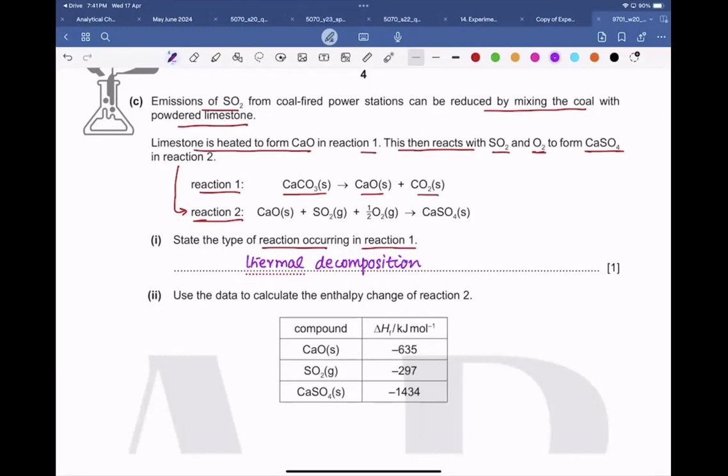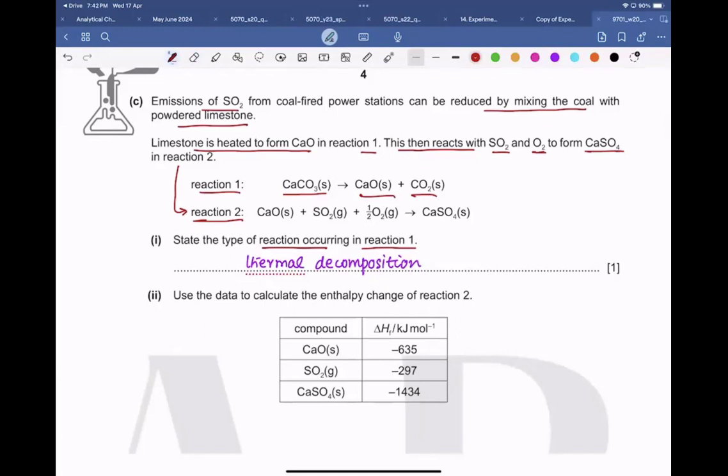Whenever a compound turns into two, normally an ionic one, it doesn't occur at room temperature. We always have to provide heat, and on heating it decomposes. So that's why, for an ionic compound turning into simpler substances, it's always thermal decomposition.